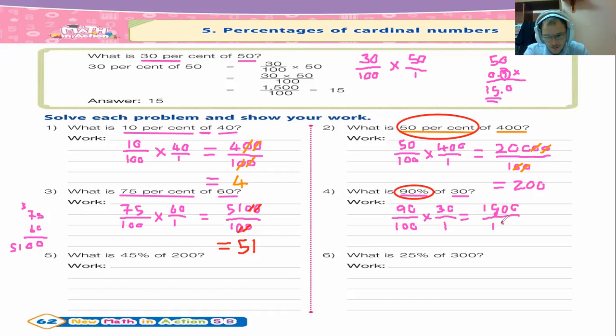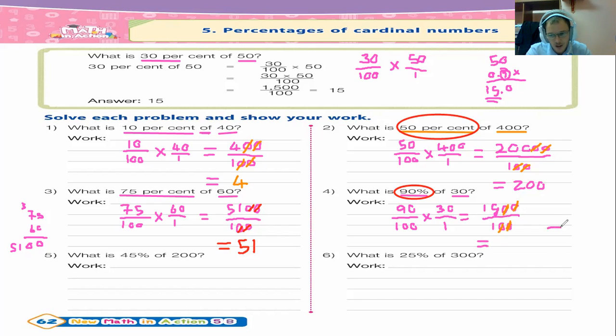Divide by 100. Always remember to divide. Remove our 2 zeros on either side. Remember, if you remove 1 on top, you have to remove 1 at the bottom. If you remove 1 here, 1 here, you cannot skip it. So you have to make sure that you do it accurately.